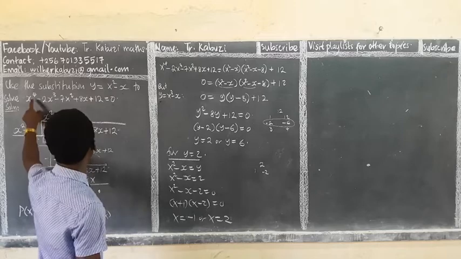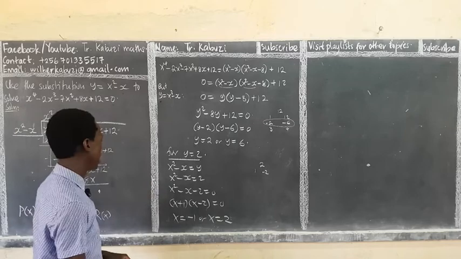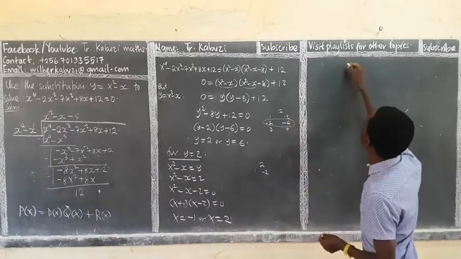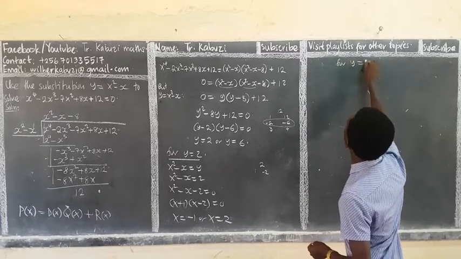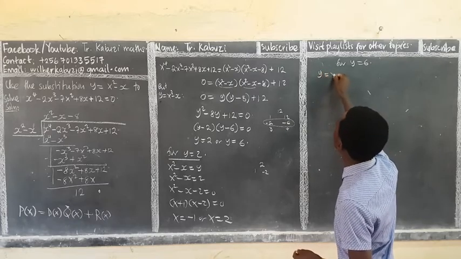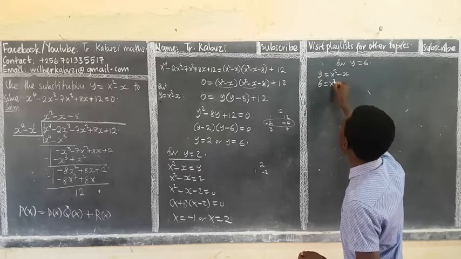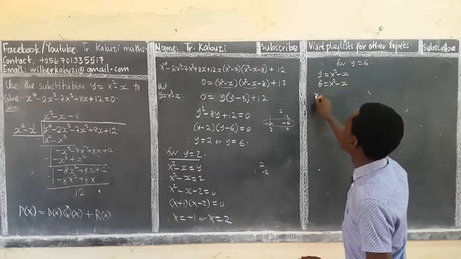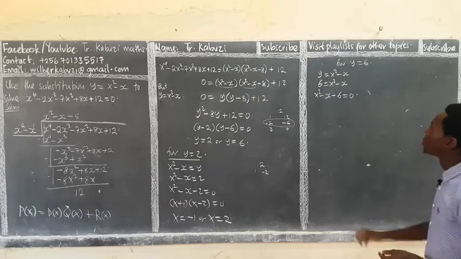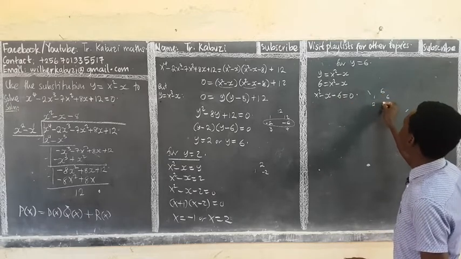Now remember, this one is a quadratic polynomial, so meaning we have to get 4 roots. So now we come for when y is 6. That's the remaining part. For y equaling 6, my y, remember, is equaling to x squared minus x. So it's 6 from here. Take the other side, you have x squared minus x minus 6 equaling to 0. Now two numbers, you see you have 6: 1 and 6, 2 and 3.